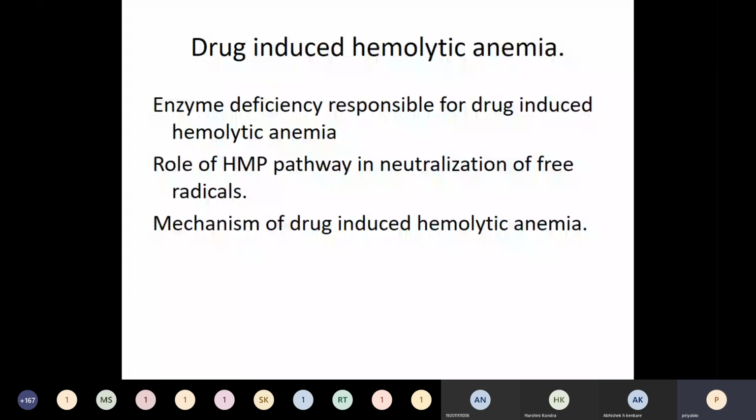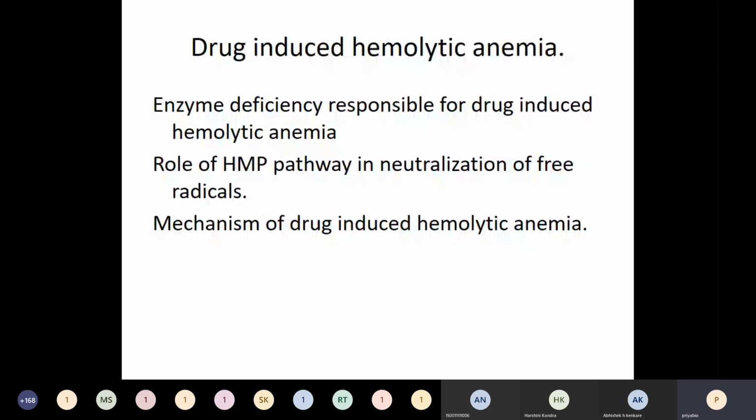You can neutralize it to water using the enzyme glutathione peroxidase. This is an NADPH requiring enzyme.